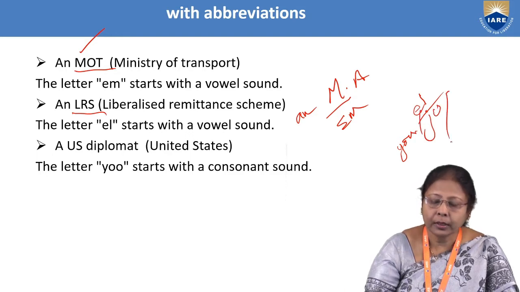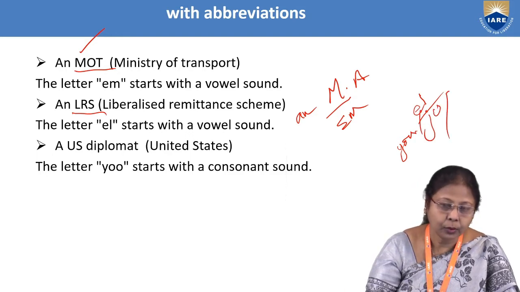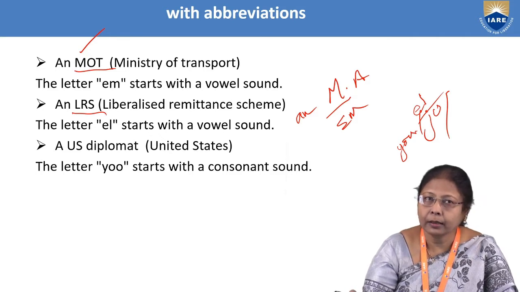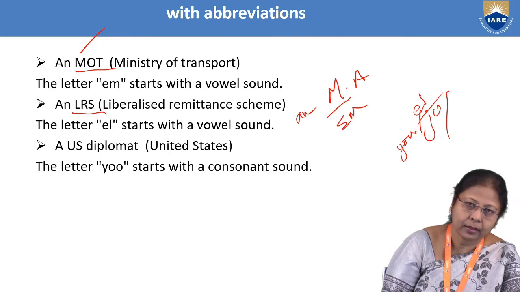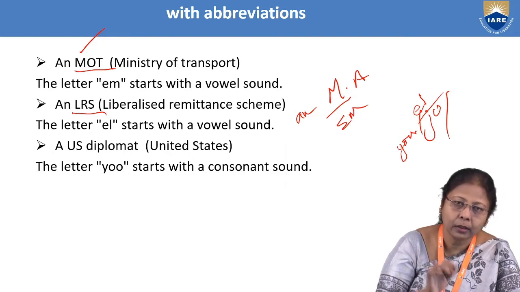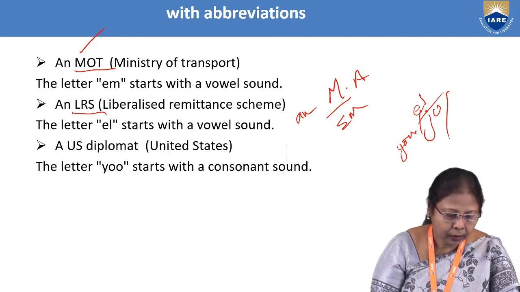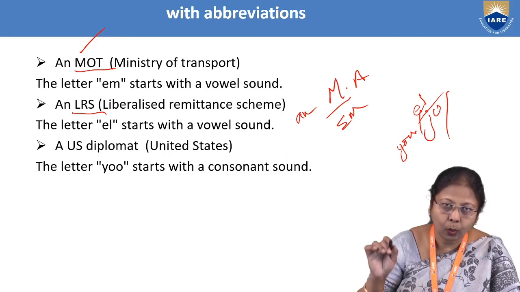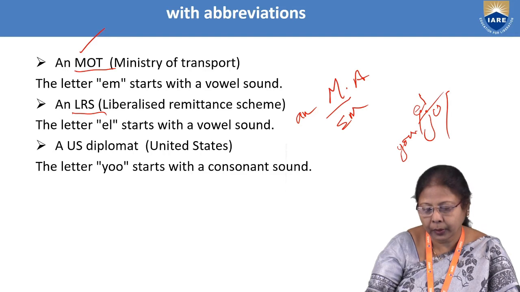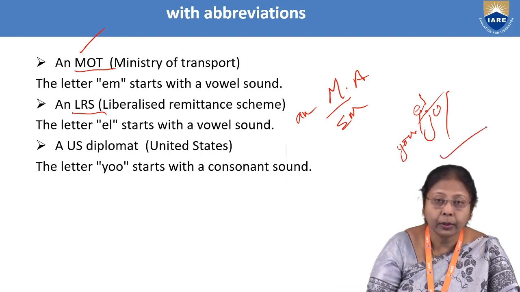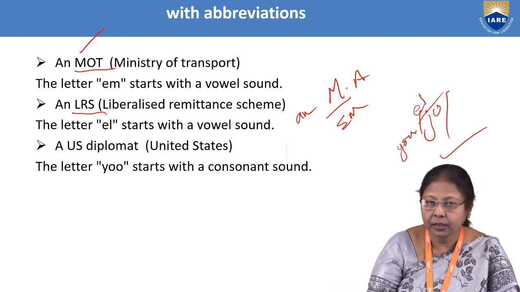So it's a consonant sound. U is a vowel letter but gives a consonant sound. So before US, United States, you have to go with a. The letter U, which gives a consonant sound. That's why these are very simple rules for abbreviations also.